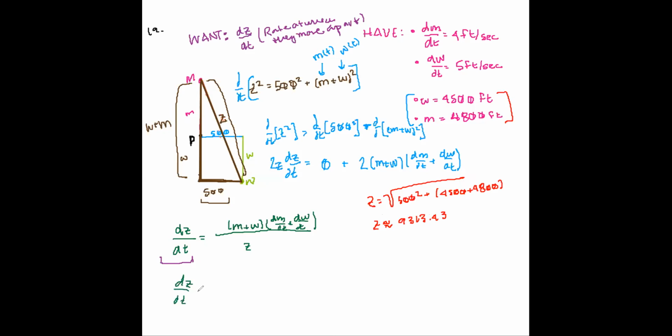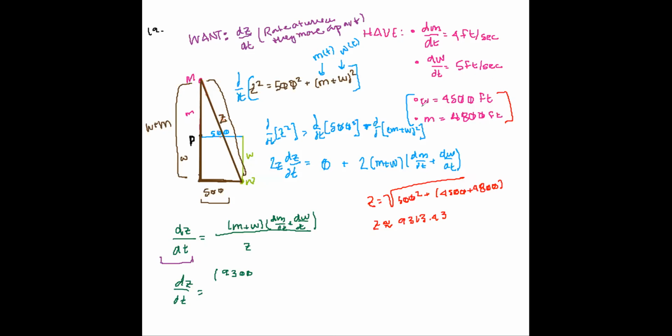dz/dt is equal to m plus w, which is 9,300. And what are my units for m plus w? We're still working in feet. Well, that's not feet per second.